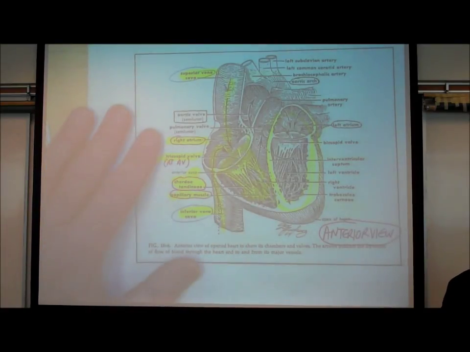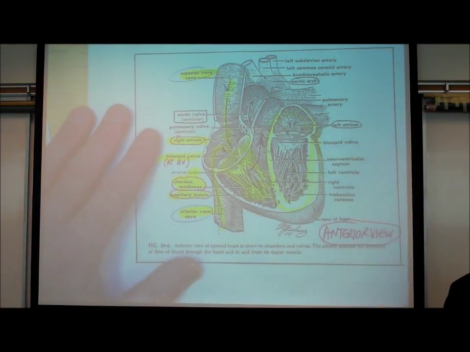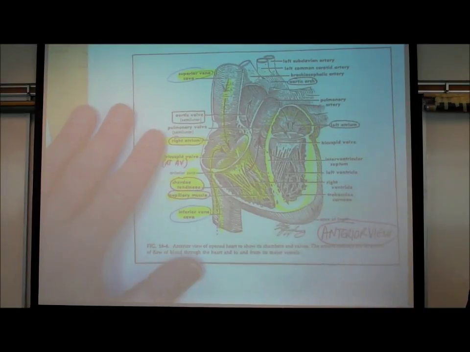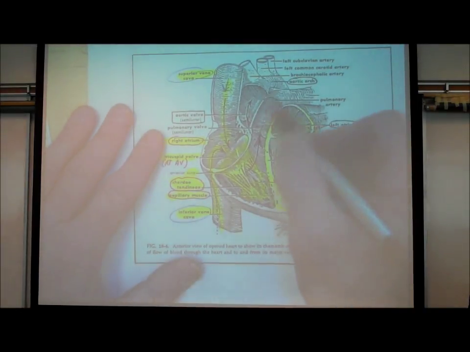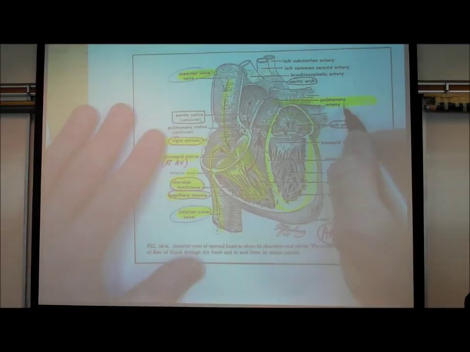And then the right ventricle is going to eject the blood up into the pulmonary artery trunk. And right up here, this is the pulmonary artery trunk. You'd say where? Right here. And I'm going to add the word trunk here.